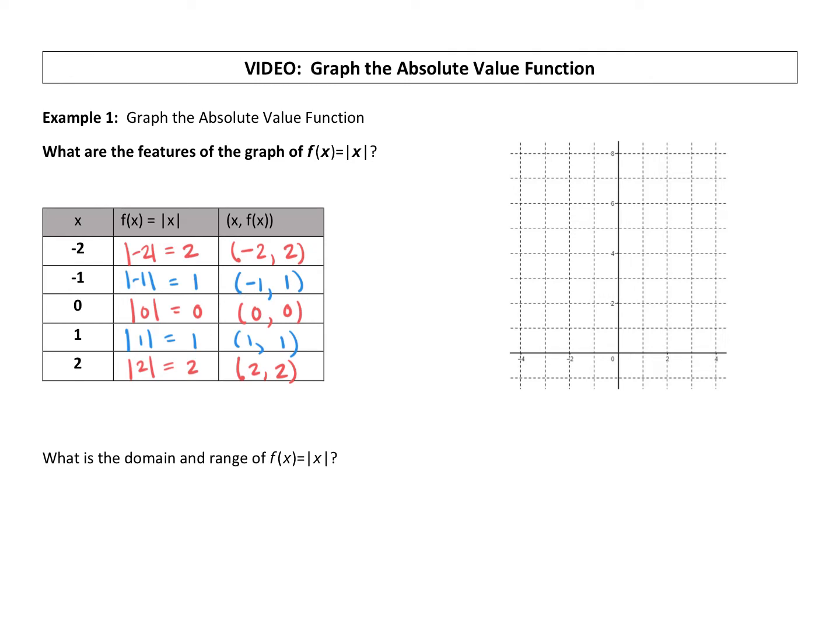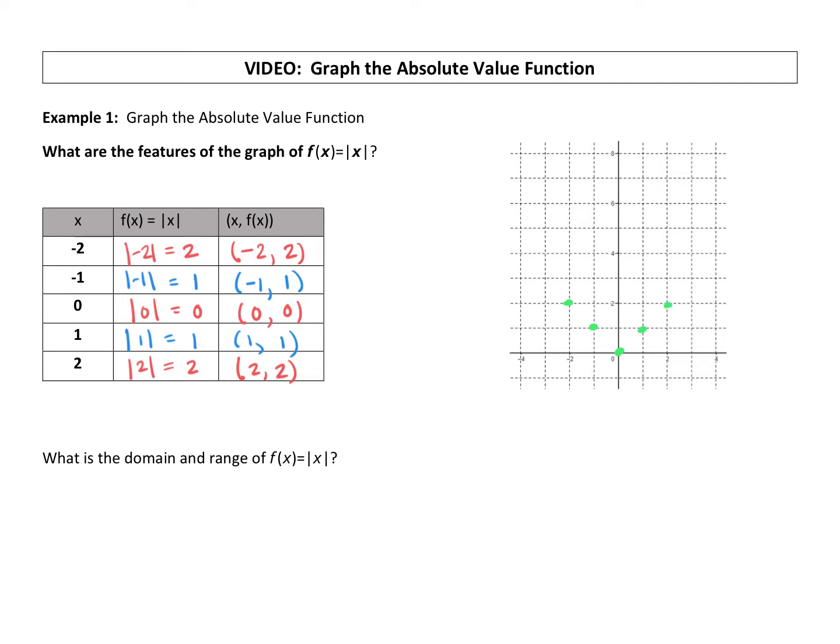Our first ordered pair is -2, 2. So from the origin, I'm going to go to the left 2 and up 2 and plot a point right there. Then we're going to go -1, +1, so to the left 1, up 1. We've got 0, 0. We're going to go to the right 1, up 1, and then to the right 2, up 2.